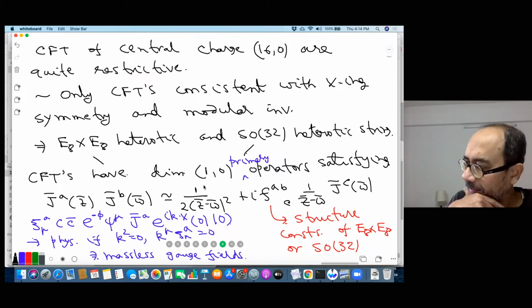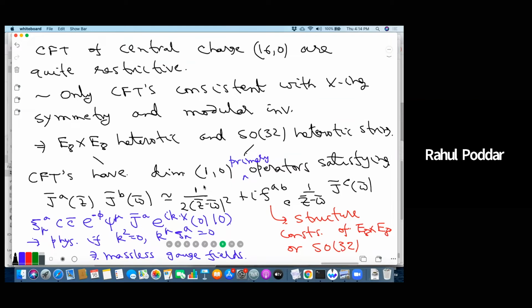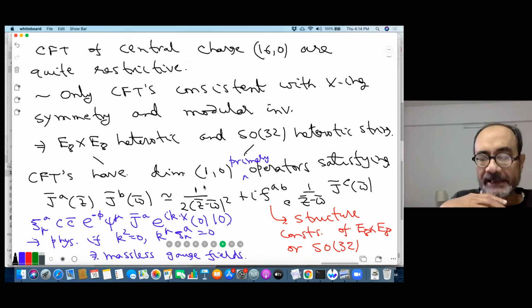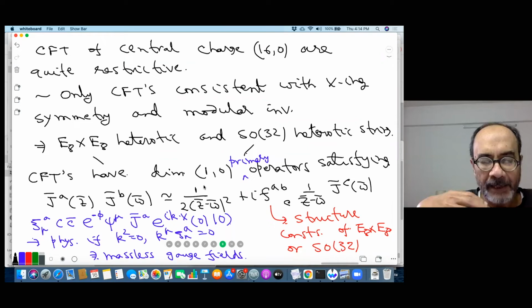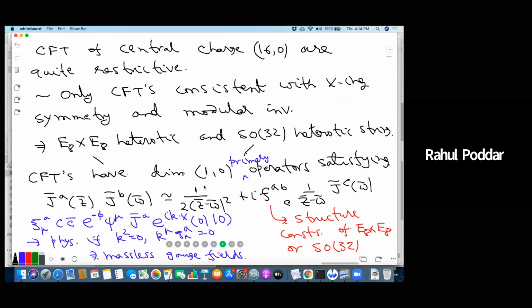Yeah, go ahead, please. I just thought in Wess-Zumino-Witten CFTs, the currents are not primaries, so I was confused. Oh, no, see, these are Virasoro primaries. Oh, I see. Okay. Not in Wess-Zumino-Witten, the currents are not primaries under the current algebra. Yes, but here you're talking about just Virasoro primary operators.